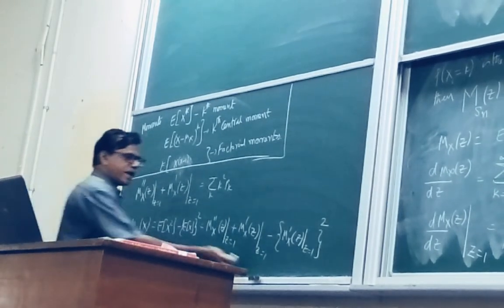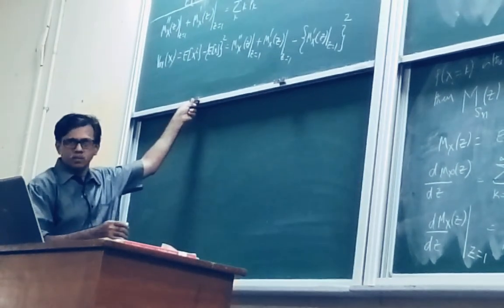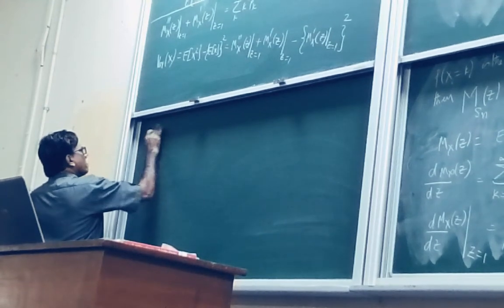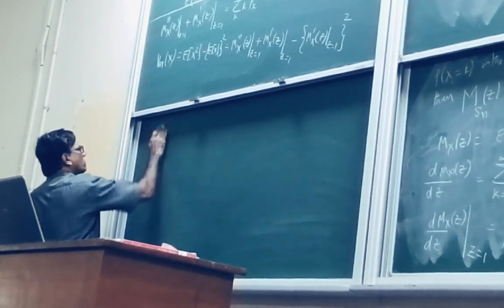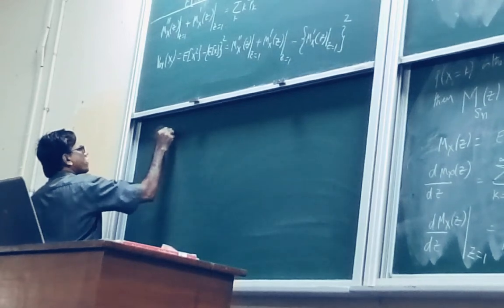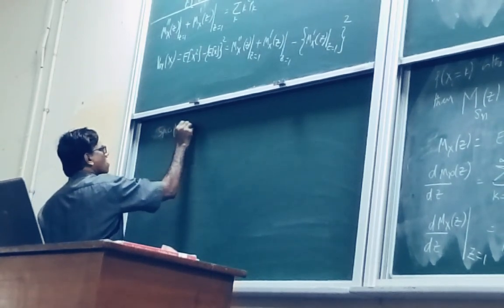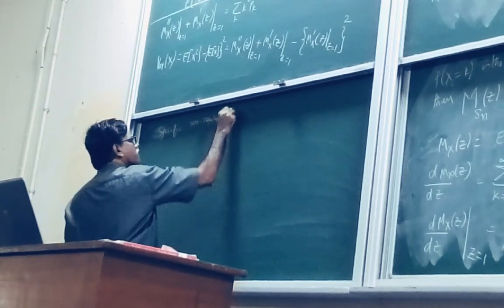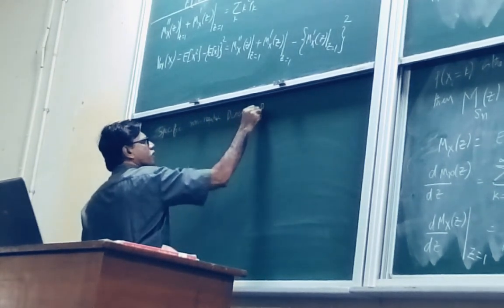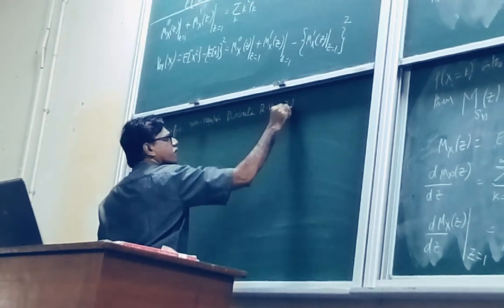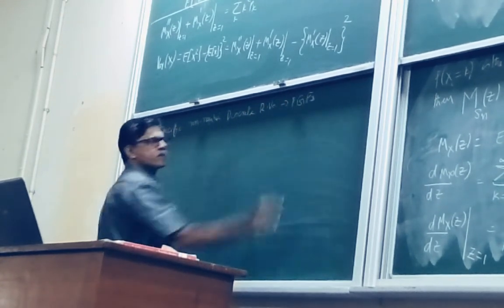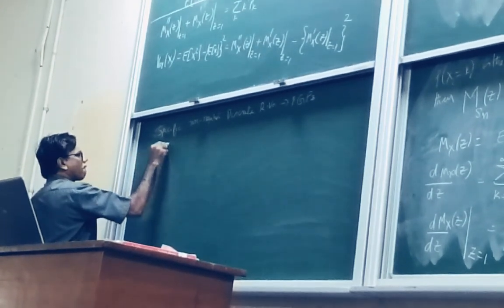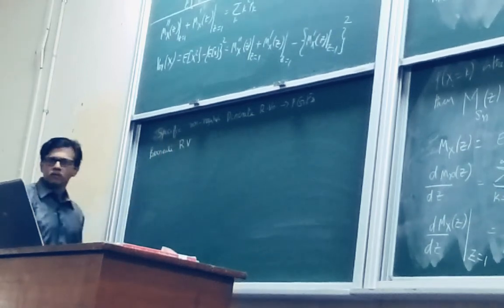Now what we will do is take specific random variables and look at their PGFs. The simplest one is the Bernoulli random variable.